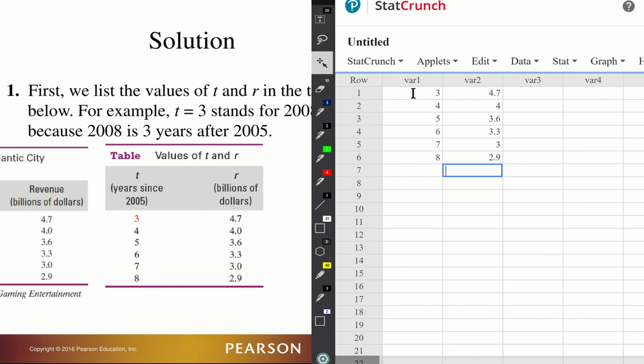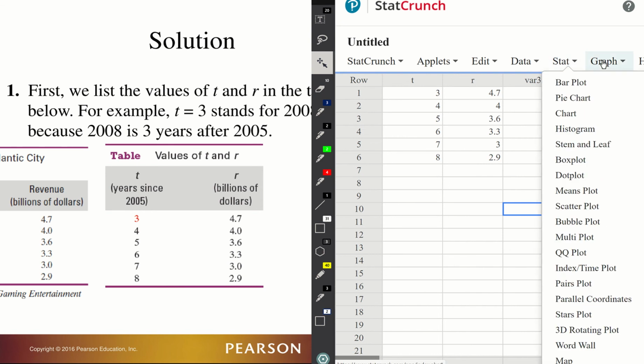All right. So now also notice that, what we can do in StatCrunch, which is quite handy, is we can actually change these variable names to what we like. So here we'll use T and R, like so. So now we're going to go to Graph and then Scatterplot.